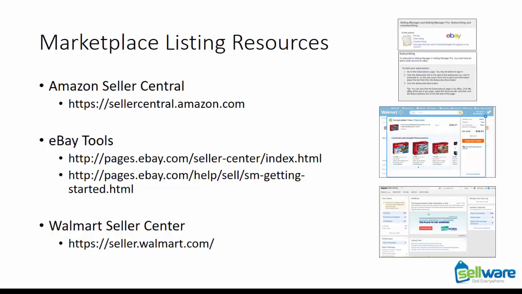I'm just going to throw up a couple of resources here really quick. Obviously, if you're selling on eBay or Walmart or Amazon, you should have an account set up with seller-based permissions. For Amazon, that's Seller Central. For eBay, you can go to the eBay Seller Tools.